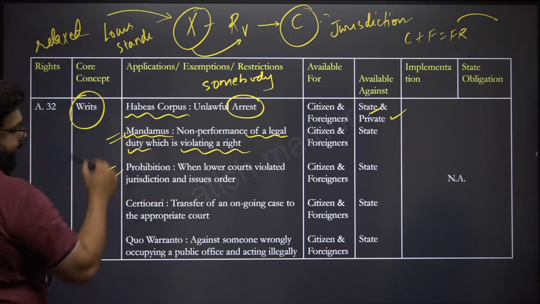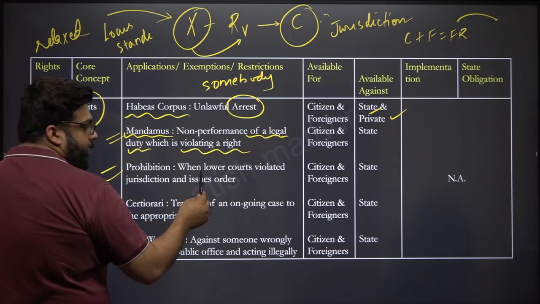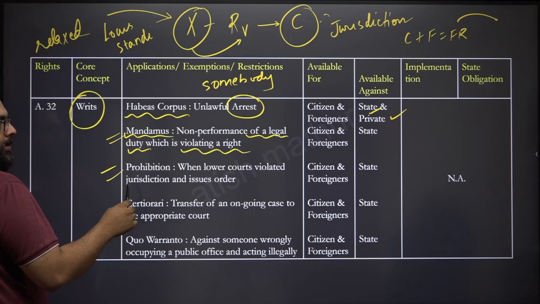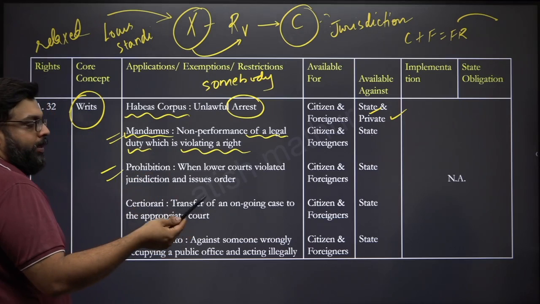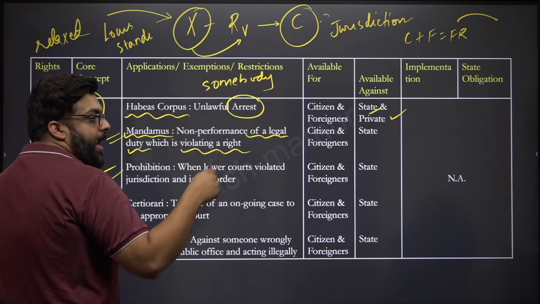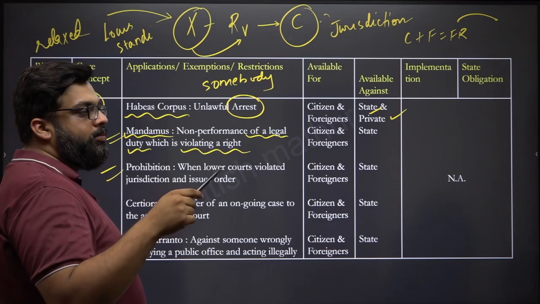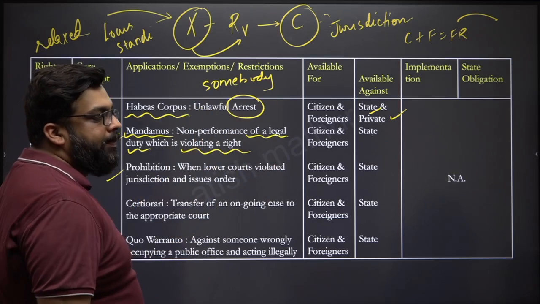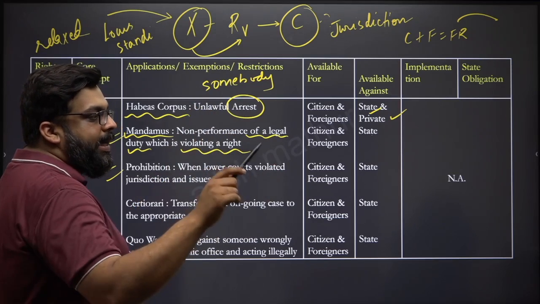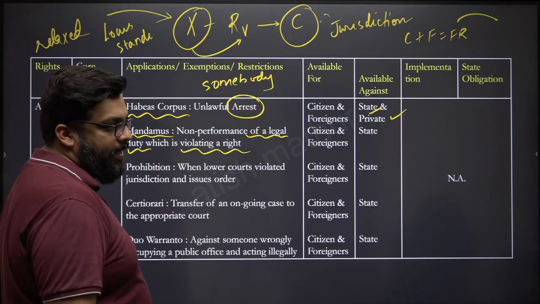Then you have prohibition. Prohibition is when a lower court hears a case which they are not supposed to hear, a case which they don't have the jurisdiction to hear, and have issued an order itself. For example, a consumer court has awarded somebody the death penalty. That has violated the principles of natural justice because it is against a free and fair trial.